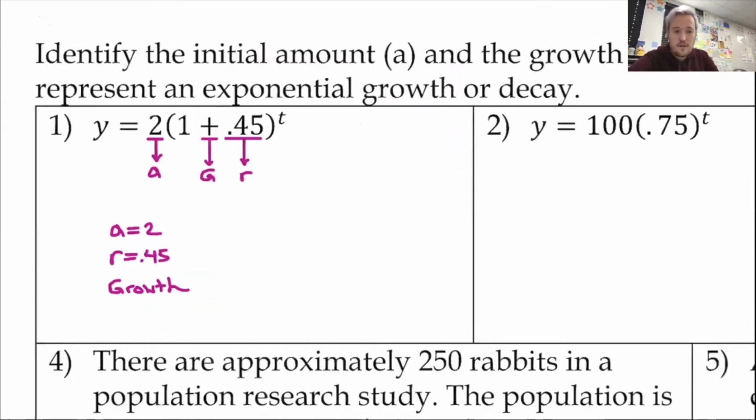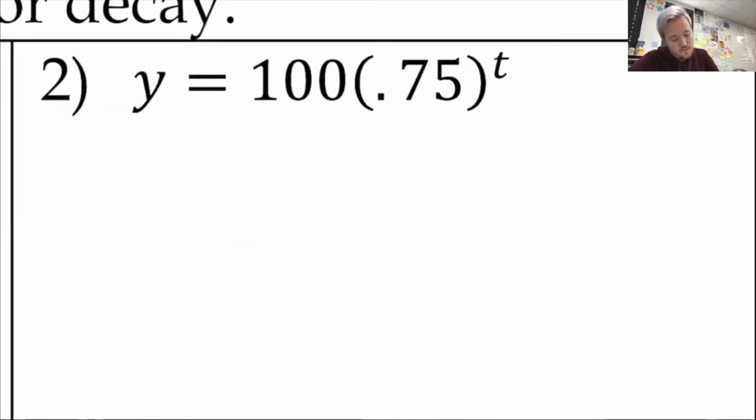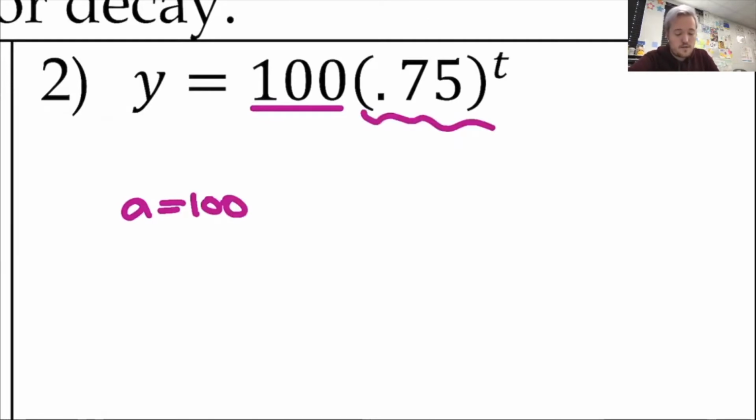Now looking at number 2, it's written a little bit differently. We know our a value is written outside, so a equals 100. However, if you look inside the parentheses, it's not 1 plus or 1 minus, but notice how it's less than 1. Because it's less than 1, that automatically means it's going to be a decay.